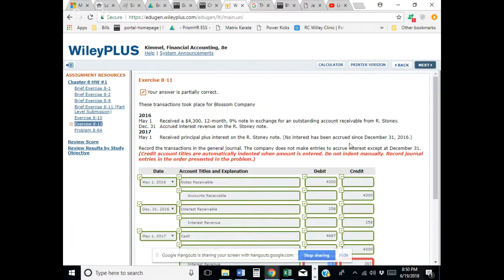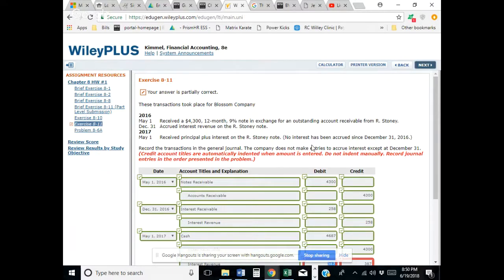No interest has been accrued since December 31st, 2016. Record the transactions in the general journal. The company does not make entries to accrue interest except at December 31st. Credit account titles are automatically indented when amount is entered. Do not indent manually. Record journal entries in the order presented in the problem.